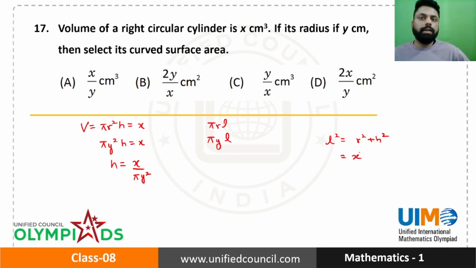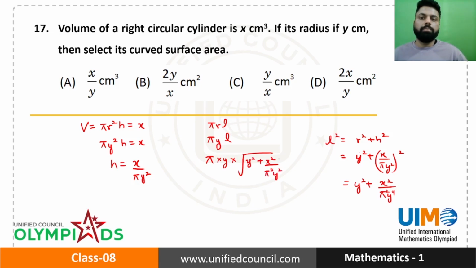R value is y. H value is x upon pi y square, whole square. This is y square plus x square upon pi square y to the power 4. So this value will be equal to how much?